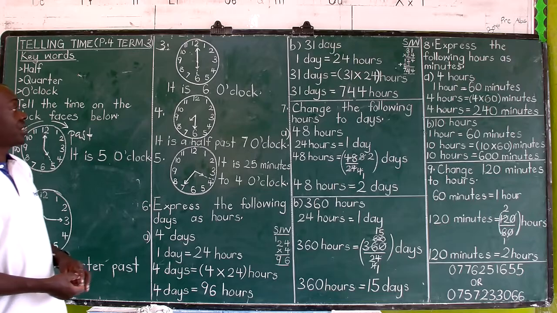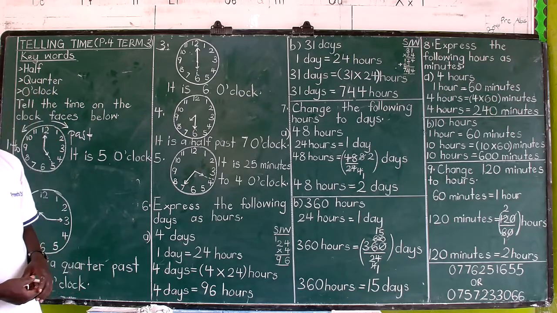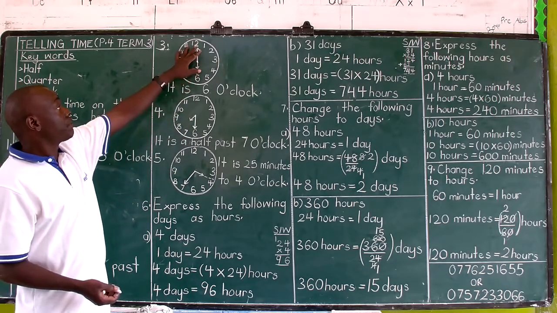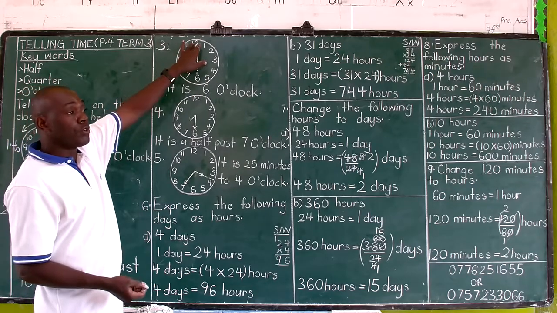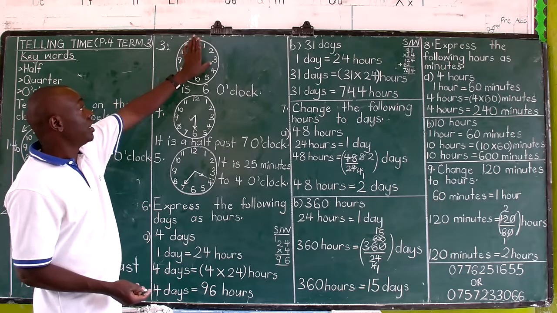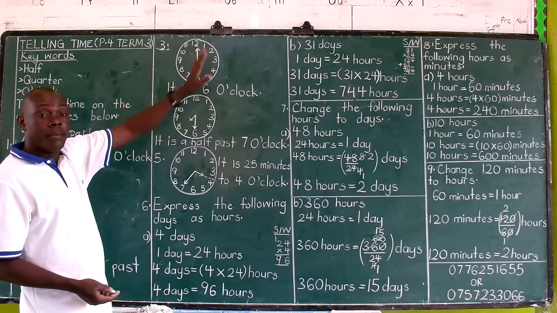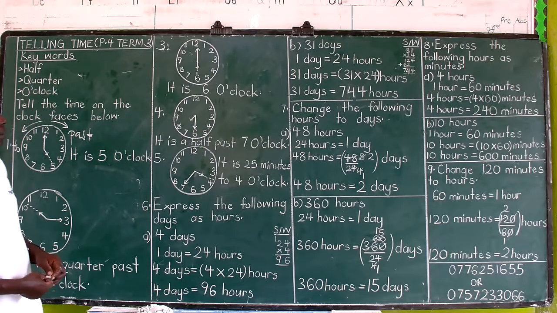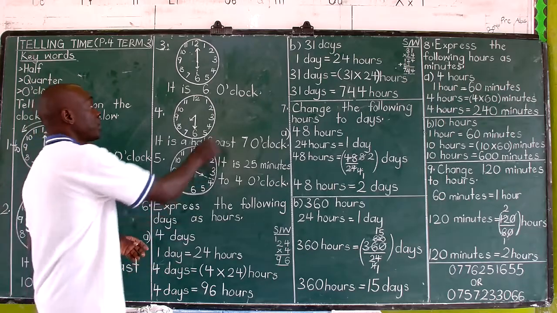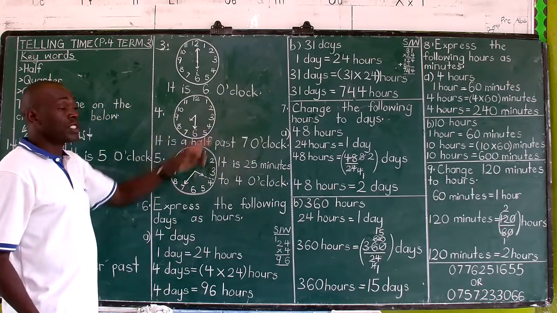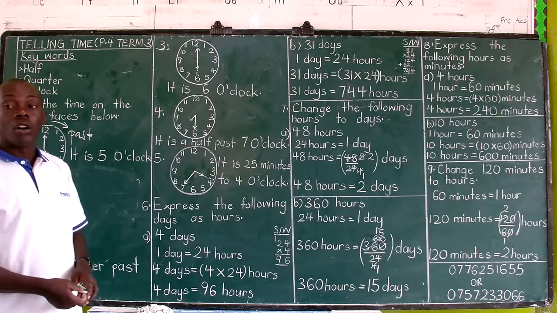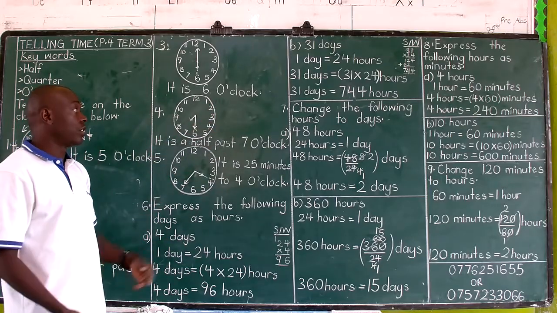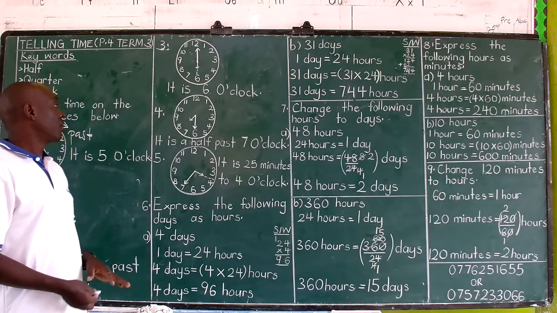So there's no minute past because it points at 12. When it points at 12, it means it has not moved yet. So it is no minute past 6. It is exactly 6 o'clock. Nothing else. Remember to put an apostrophe after the O, and the O is supposed to be capital. In full, o'clock means of the clock, but this is 6 o'clock now.